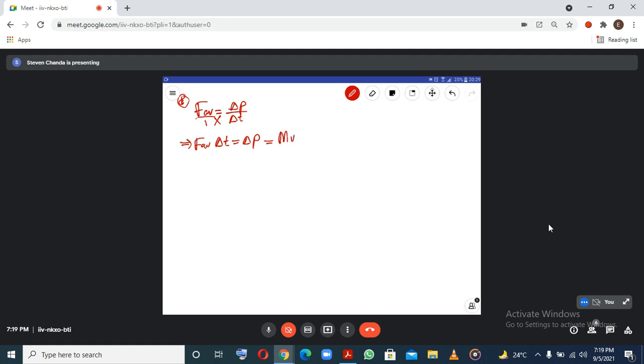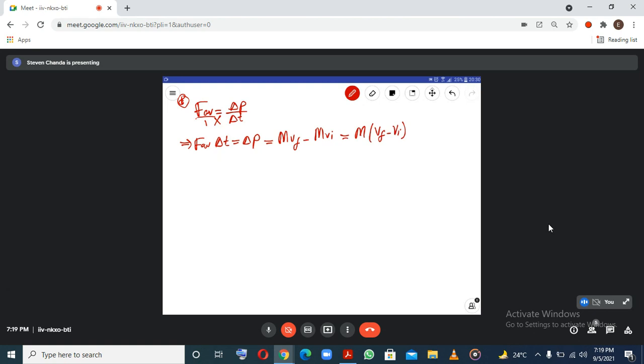So change in momentum is mass times final velocity, minus mass times initial velocity. That's an important point to take note of. So what do we do? We can factorize just to make it easier. Now we can plug in our values.